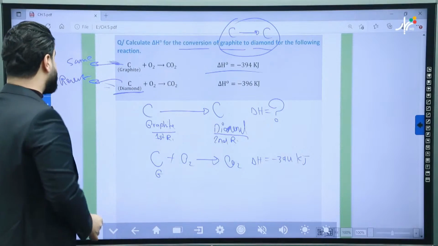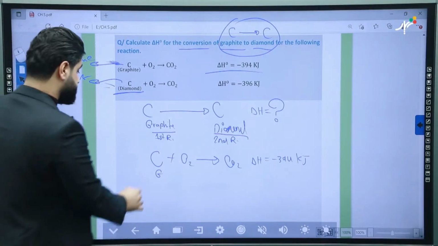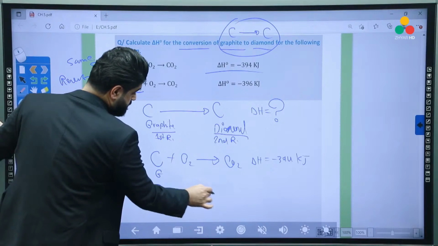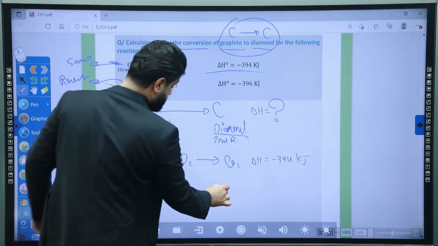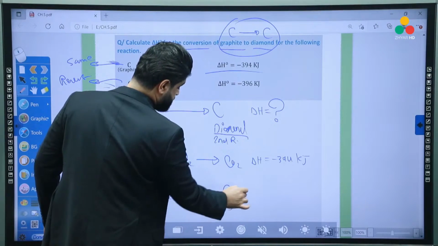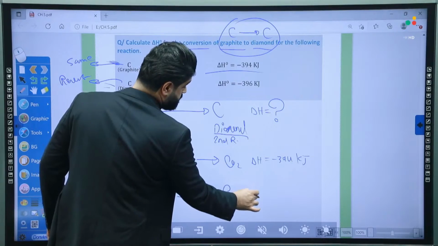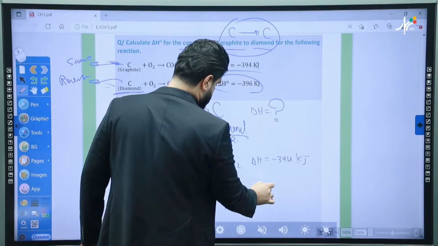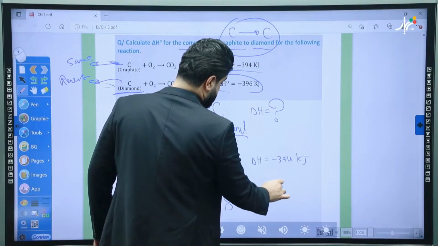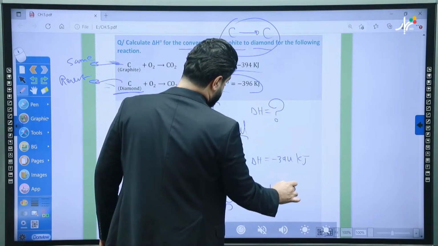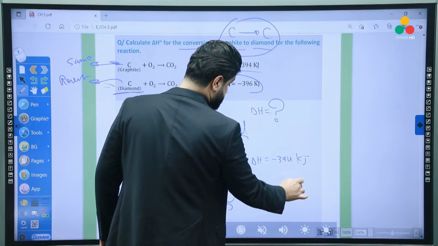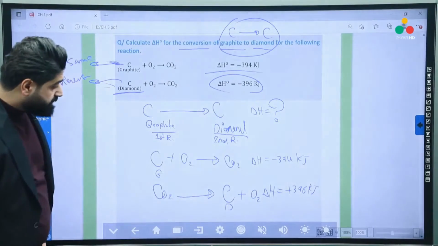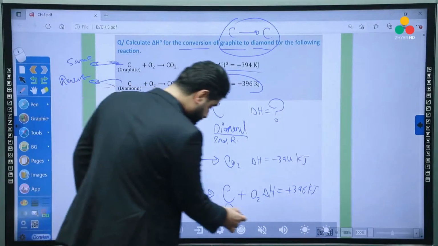And the second one, reversed: CO2 producing carbon diamond plus O2. So the value of enthalpy must be reversed by arithmetic sign. Delta H equals positive 396 kilojoules. Very easy.